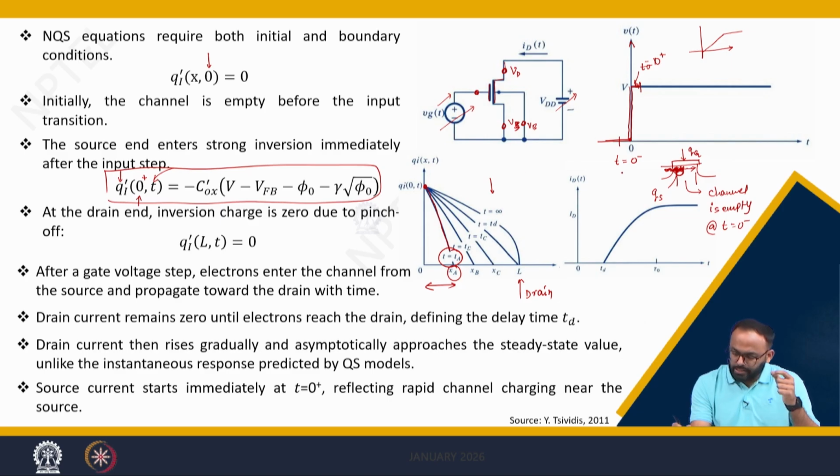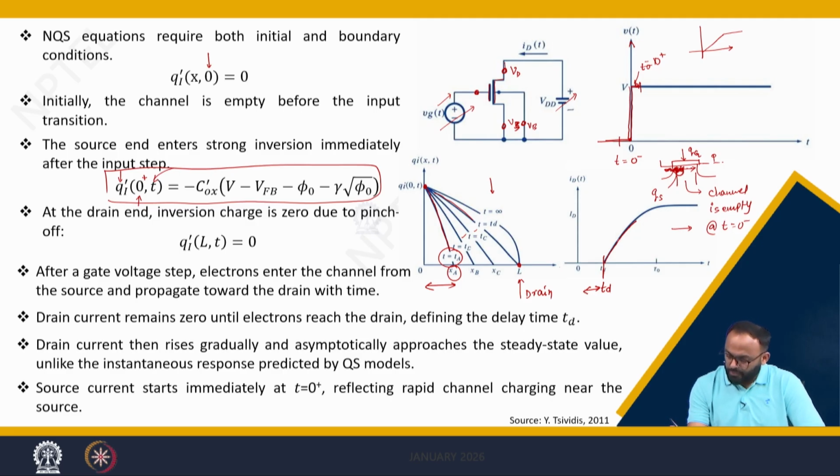Now, as you have proper polarity connected in the MOSFET, the charges will move along to the drain, and after time tb, tc or td, ultimately it will reach the drain. That is the point where the drain current starts, right? So now the current will start slowly. This is called delay time.